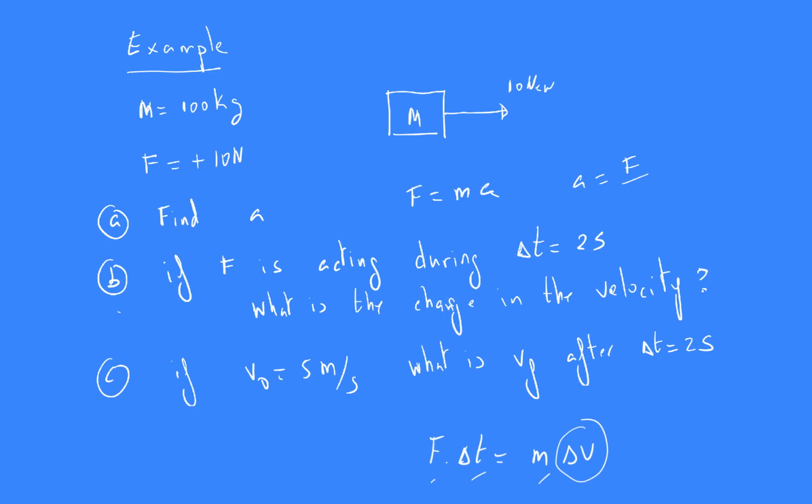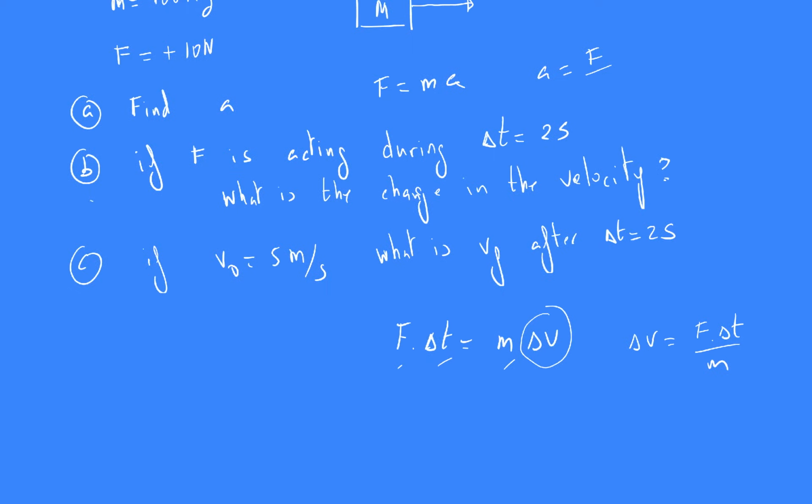Oh, I can find the change in the velocity. It is the force times delta t divided by the mass. This is the change in the velocity. Okay, can you do it? And the third question says, if v0 is 5 meters per second, what is vf after 2 seconds?